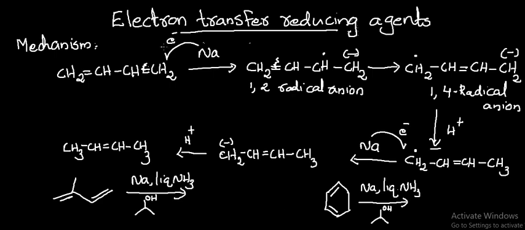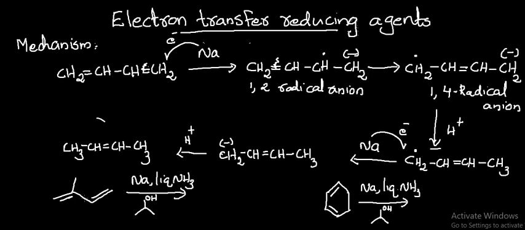In total, sodium metal transfers 2 electrons: 1 electron in the starting step and another electron in this step. So, totally 2 electron transfers take place in the reaction. This is the mechanism of reduction of conjugated olefins to isolated olefins.